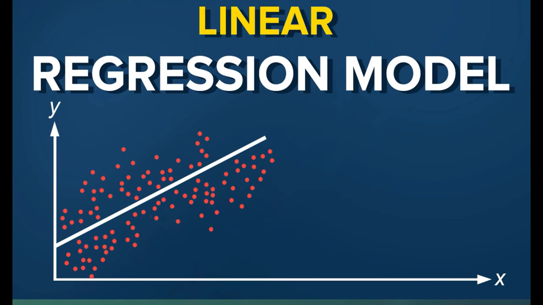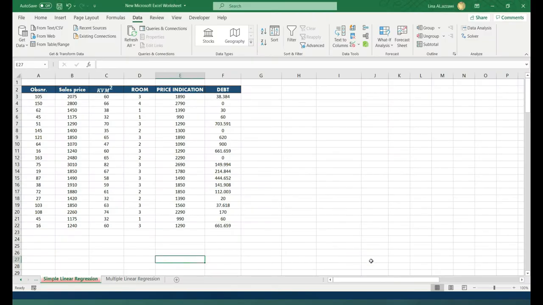Let's take a look at an example of how to run a regression model. The first step in running regression analysis in Excel is to double check that the free Excel plugin Data Analysis Toolpak is installed. This plugin makes calculating a range of statistics very easy.